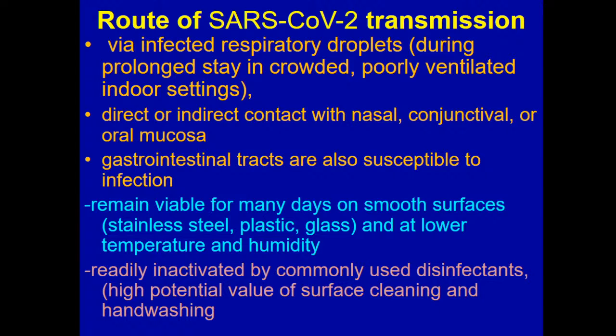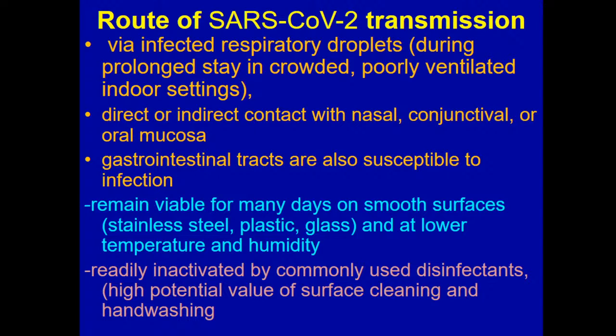Okay, so now we'll start with pathogenesis, but before that we'll discuss the most probable ways of transmission. What are the routes of transmission of SARS-CoV-2? Of course, you know, it is transmitted by infected respiratory droplets, and this is potentiated during prolonged stays in crowded, poorly ventilated indoor settings.